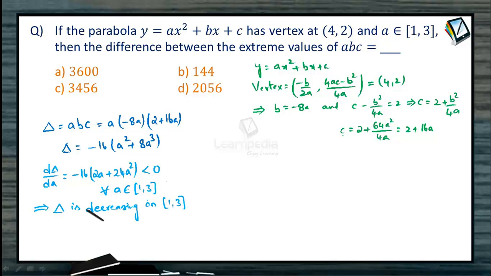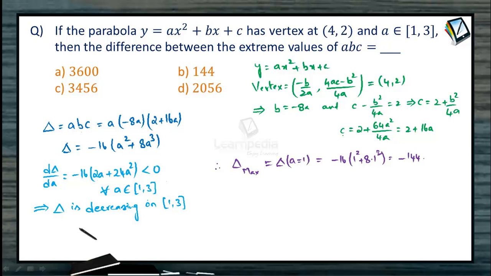Now when delta is decreasing on 1 to 3, what can you say about the maximum and minimum? Therefore delta's maximum is the value of delta at a = 1. What is the value of delta at a = 1? That would be -16 times 1² + 8 times 1³, that is 8 + 1, 9 into -16, that is -144.